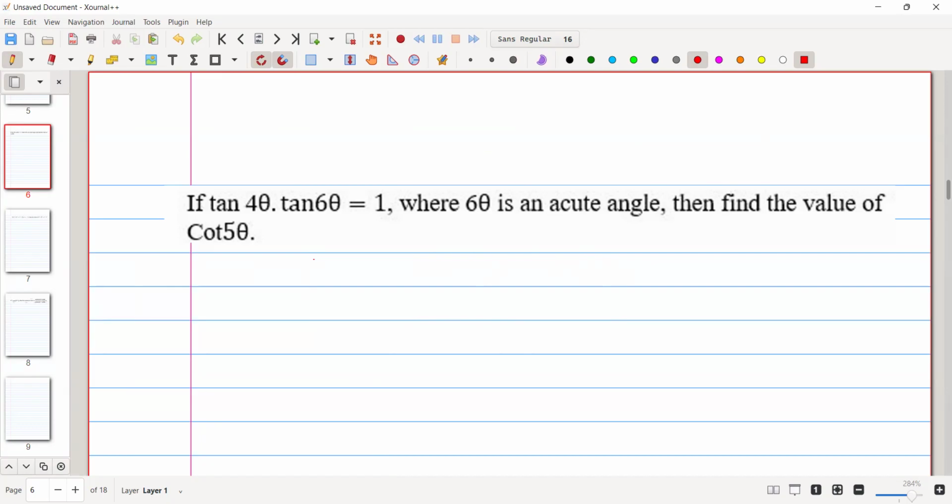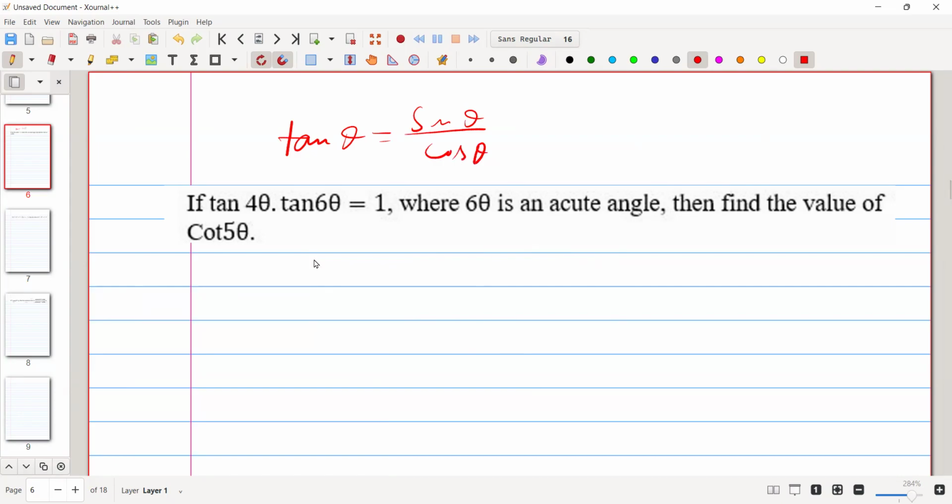We have to use some higher formulas to convert it into a particular pattern to find the value of theta. You know that tan theta is equal to sine theta by cos theta.